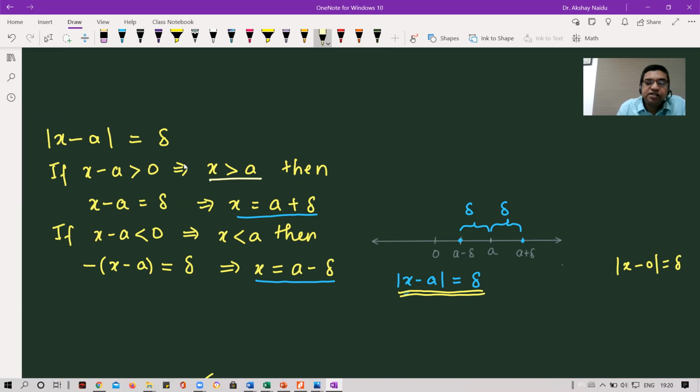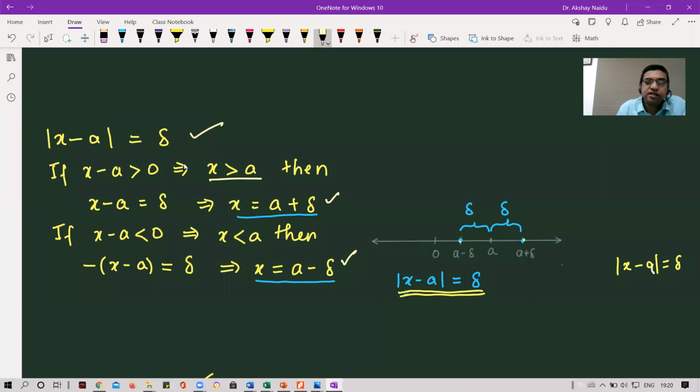So what does this represent? Modulus of x minus a equal to delta, what does this expression represent? It represents 2 points, x equal to a plus delta and a minus delta, which are at a distance of delta from a.